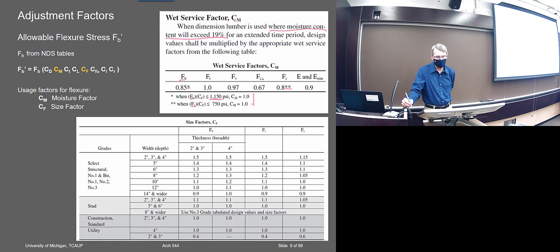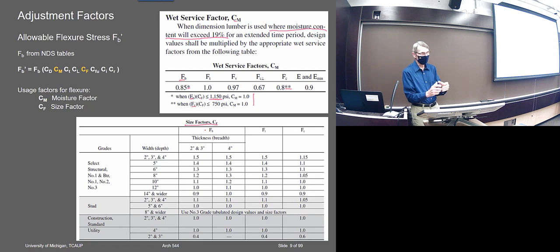Okay, and then the size factor. Here we go. This table's in the supplement, and this is the one that takes into account the volume of the member, basically. As the volume increases, I think statistically you have a greater chance of a defect occurring in a critical spot.